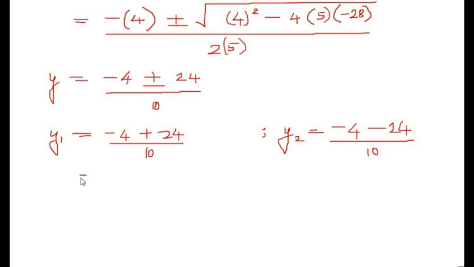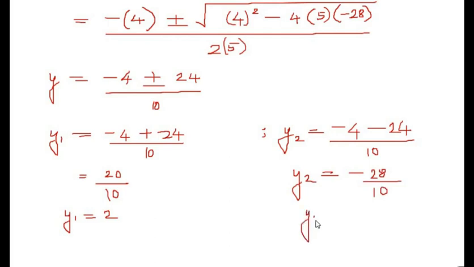Solving this, minus 4 plus 24 gives us 20 over 10, which is nothing but 2, and here we get y2 equals negative 28 over 10, which we finally get as negative 2.8.